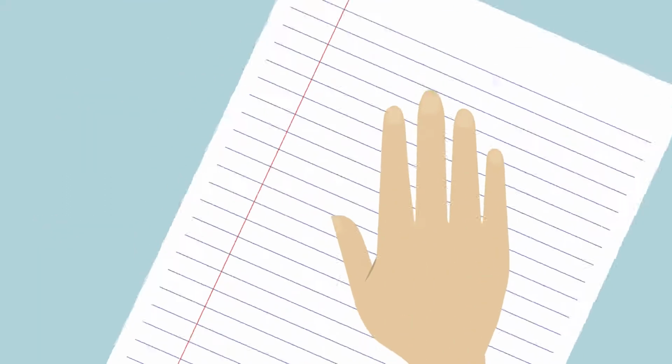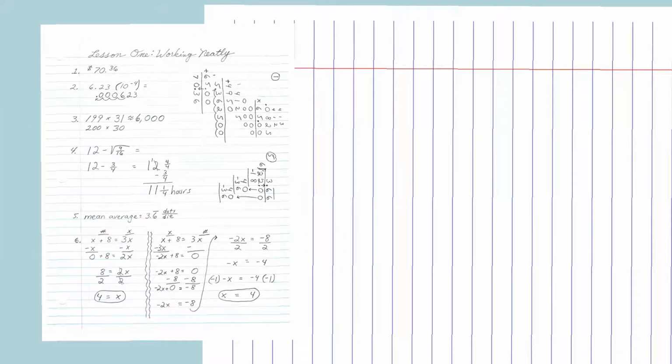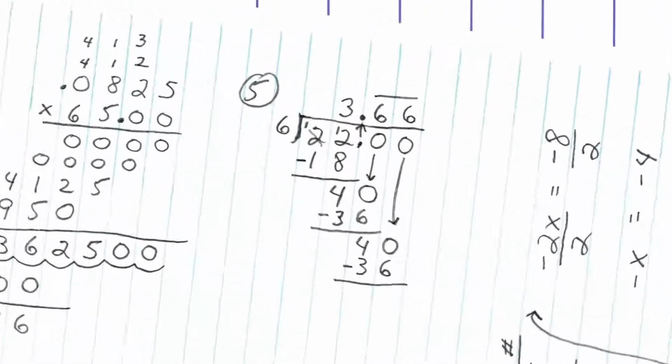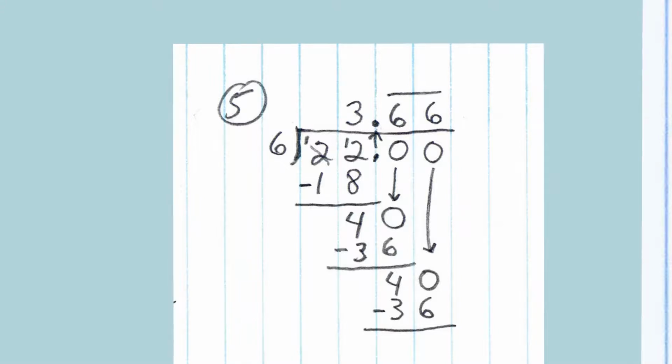You can try this for yourself. Turn your lined paper sideways and set up a division problem using the same format you see on the inside of your color illustration card for Lesson 1, Problem 5. In our first example, we'll use 1/2, 1 divided by 2.